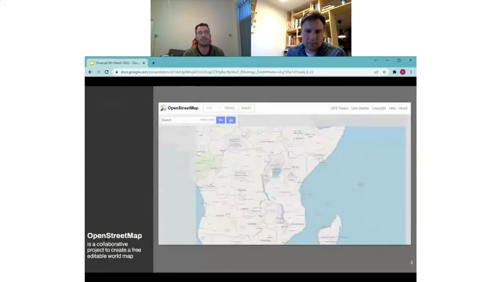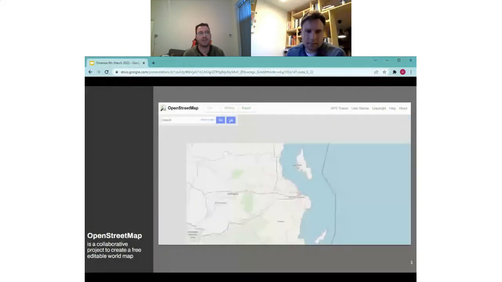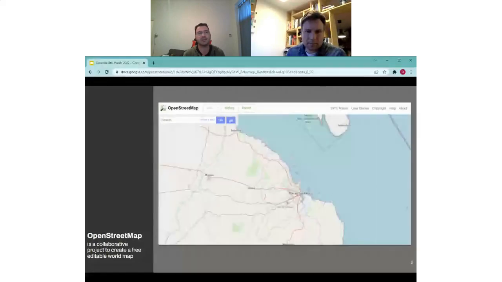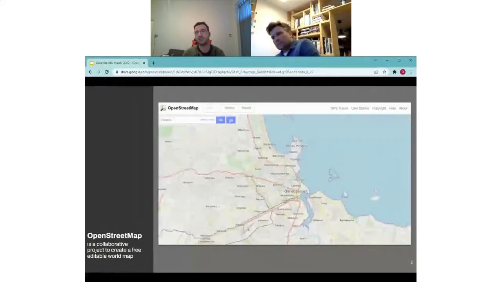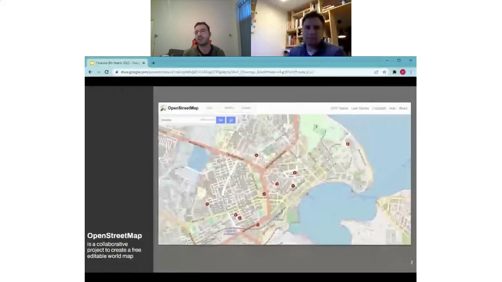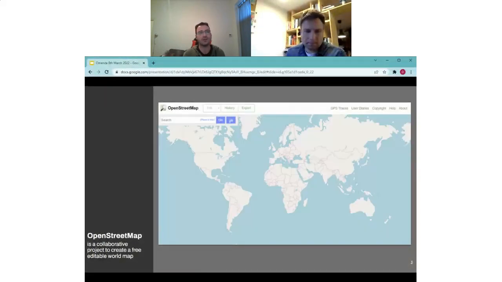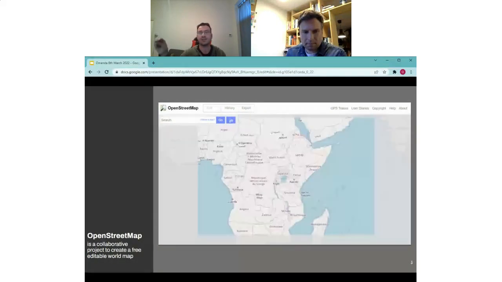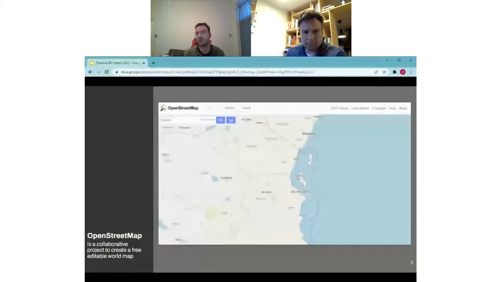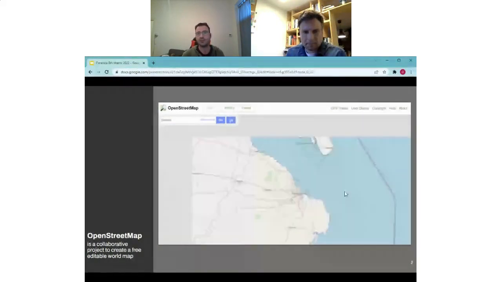That project is built and continues to be built by volunteers, and all of the features there are created by those volunteers. You can become a volunteer just by creating your account, going to any specific area in the world and saying, this is a building, this is a traffic light in your neighborhood, or anywhere else in the world.